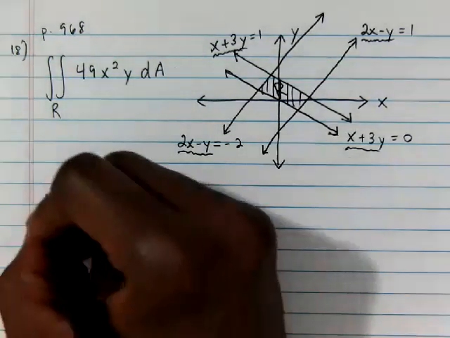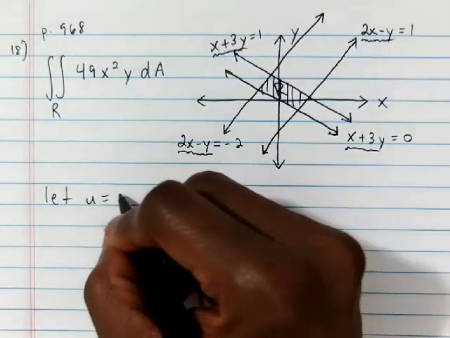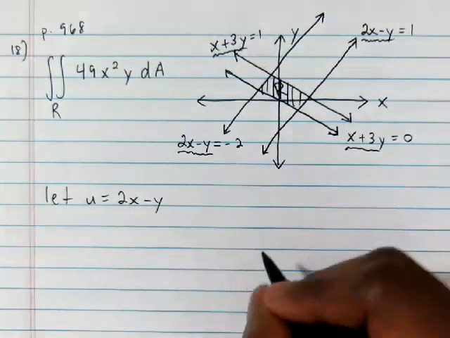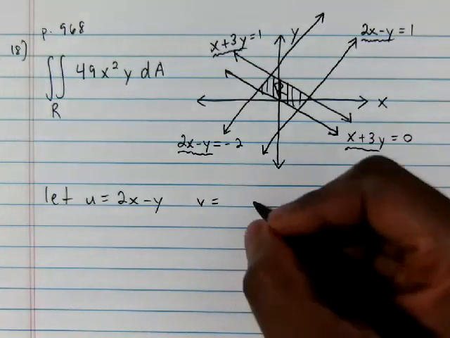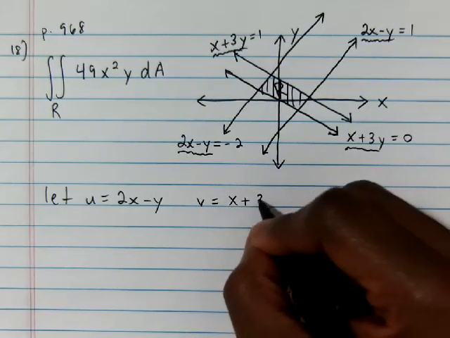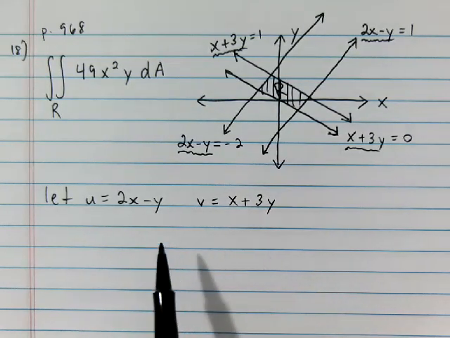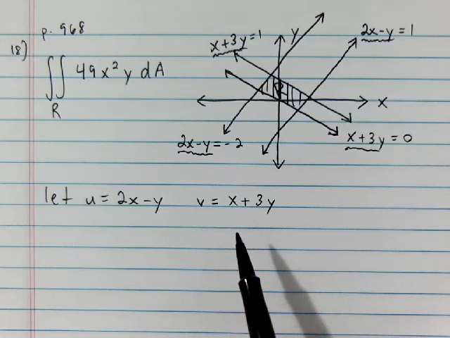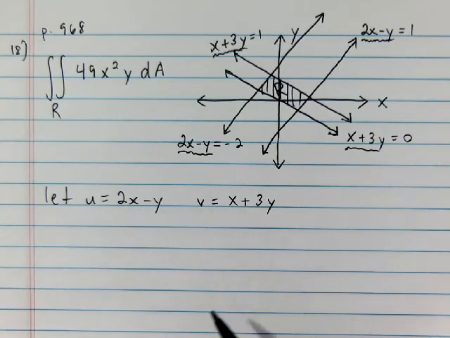So I'm going to let u be equal to 2x minus y and v be equal to x plus 3y. And if you chose the opposite of what I chose, you still will get the right answer at the end. So it doesn't matter which way you choose your u and your v.